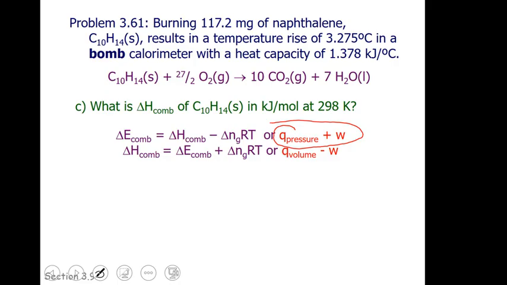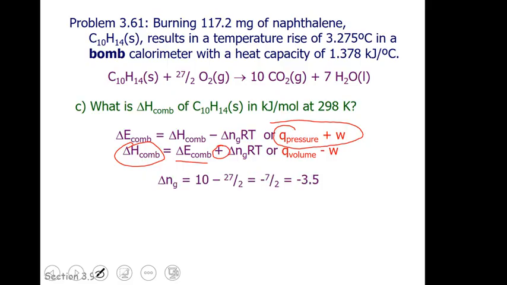If I rearrange this, you notice that if we want to solve for the enthalpy of combustion, we have to take the energy of combustion, and I've moved this over to the other side. So it is now plus Δn_g RT. So we have taken the heat at constant volume, and we are now subtracting the work to get the heat at constant pressure.